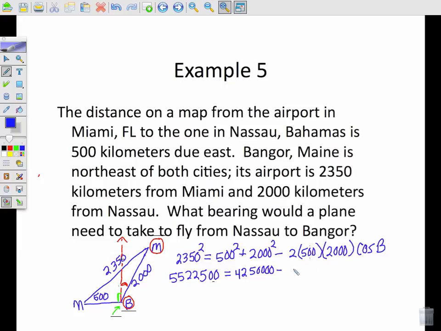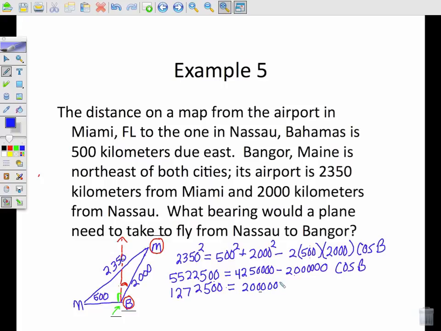And then it's minus 2 times 500 times 2,000, and that would be 2 million. Let's see how many zeros here: 1, 2, 3, 4, 5, 6 zeros. And cosine of B. Just check your calculations there. We're going to subtract the 4,250,000, and we would have left 1,272,500.